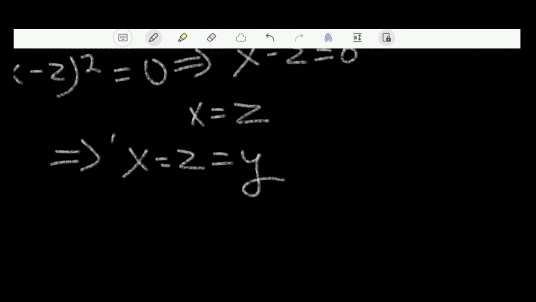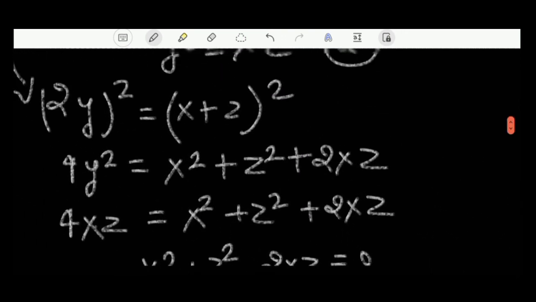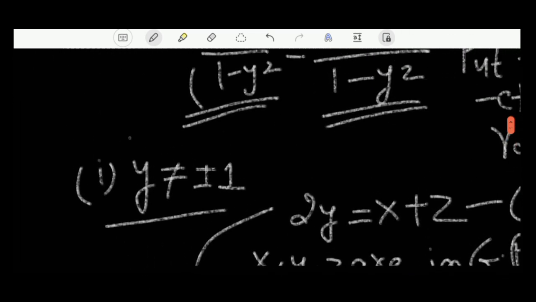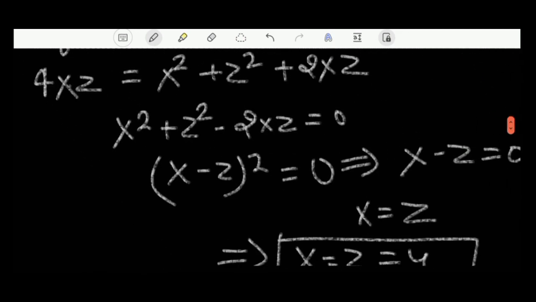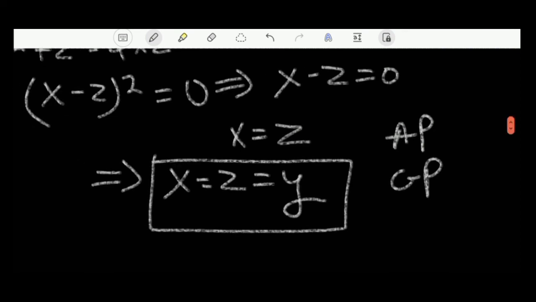So this is our second condition that is important. The first one was that y cannot be equal to plus or minus 1, and the second is that if x, y, z are both in AP and GP, then it simply implies that these three quantities are equal.